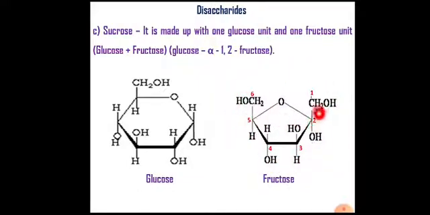That means this part will go here and this part will go here. So simply we'll turn this picture just for the sake of understanding, because we know that the number of carbon atom involved are carbon number 2 and carbon number 1.